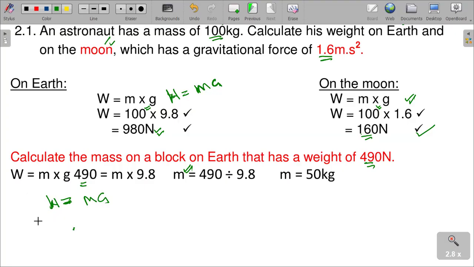Our weight is given as 490, which is equal to m, which is what we want to calculate, multiplied by the gravitational force, 9.8. So 490 is equal to 9.8 m, and to get m we divide both sides by 9.8.